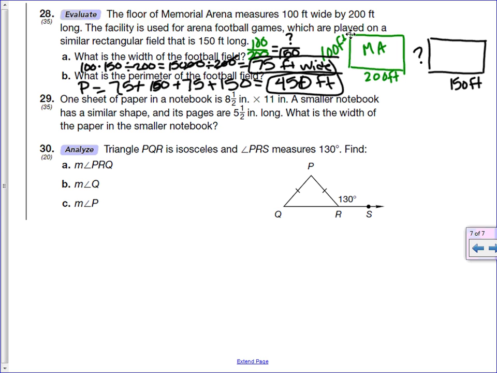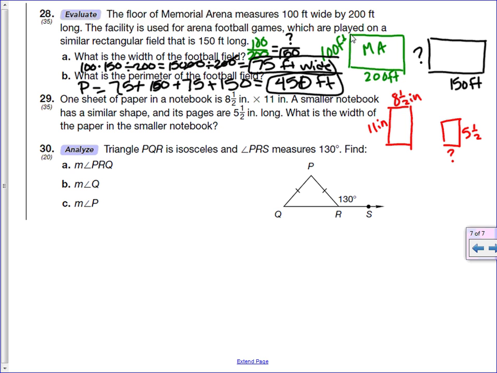One sheet of paper in a notebook is 8.5 by 11 inches. A smaller notebook has a similar shape, and its pages are 5.5 inches long. So we have one that is 8.5 inches by 11 inches, and another one that is 5.5, and we're not sure how wide.